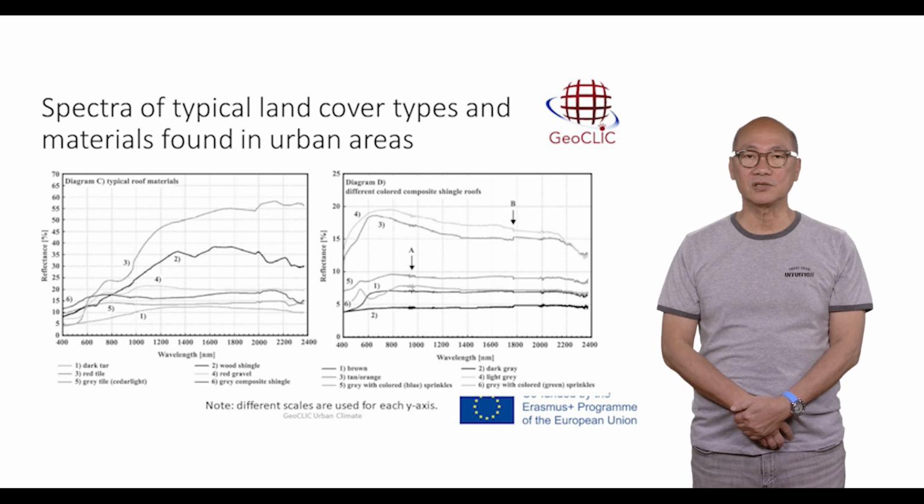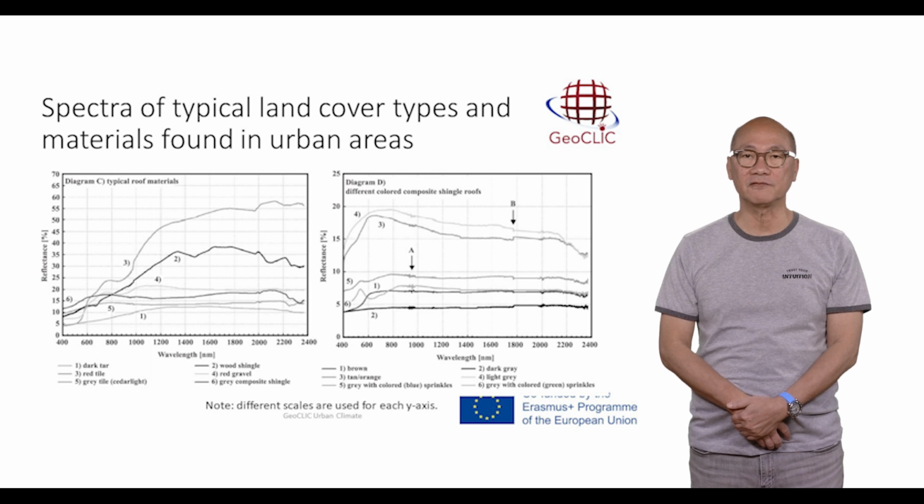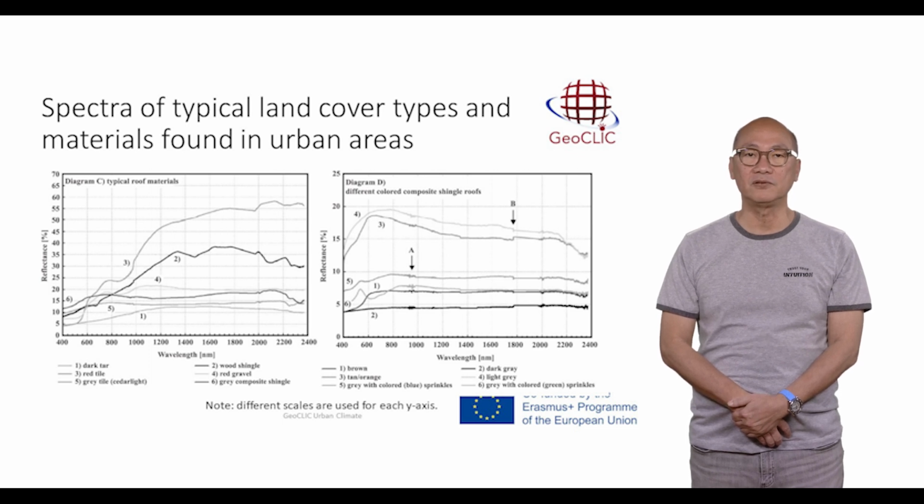Another 2 figures show spectra of typical roof materials for different colors and roofing materials. The purpose of this study is to infer potential of hyperspectral remote sensing for urban mapping, or rooftop materials and monitoring of aging and damaged road.